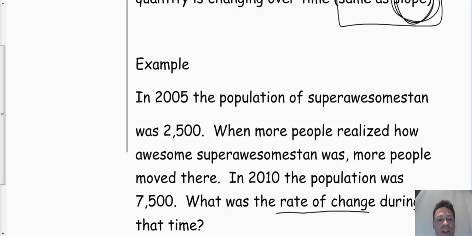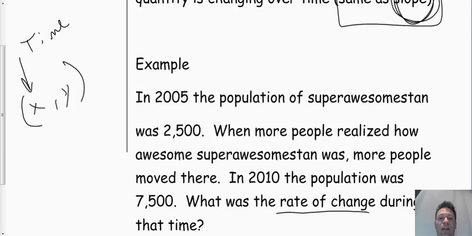What you have to do is come up with x, y values from this problem. Remember, x is always the independent value. It's always time. So in the first sentence, we have 2005 mixed up with 2,500. 2005 is a year. This is a measurement of population.